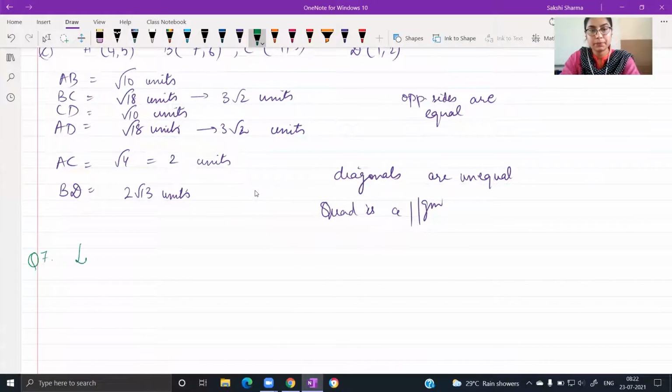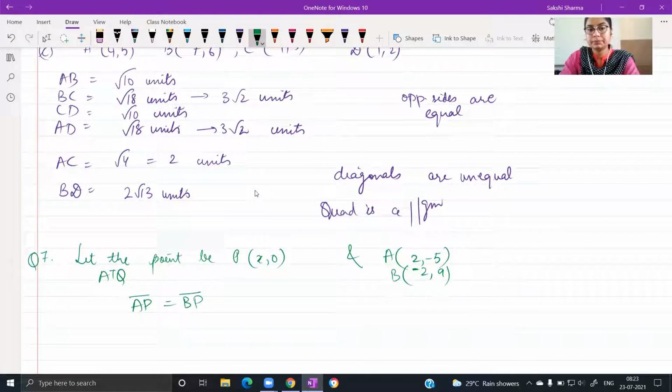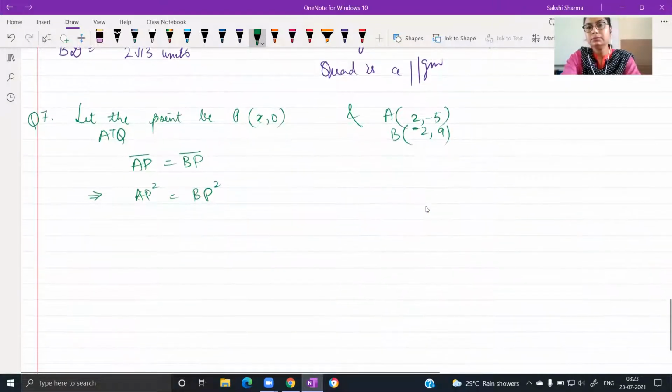Question number 7th. Let the point be P with coordinates x, 0, according to question, and the coordinates of A and B, -2. What would be the left hand side?